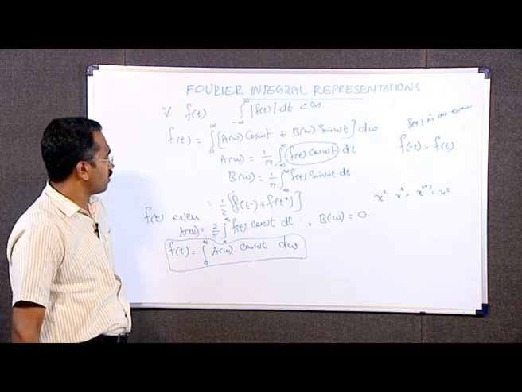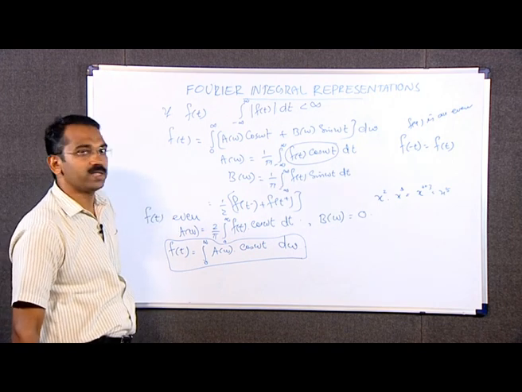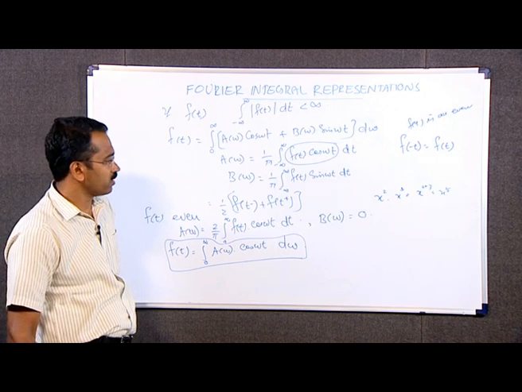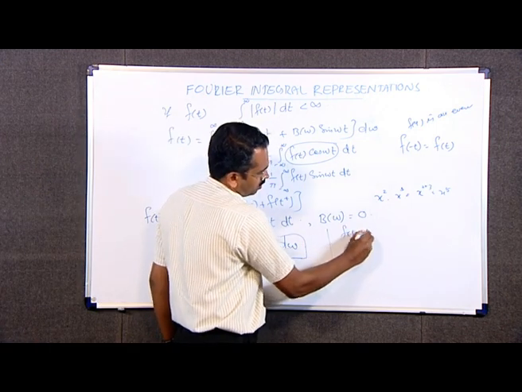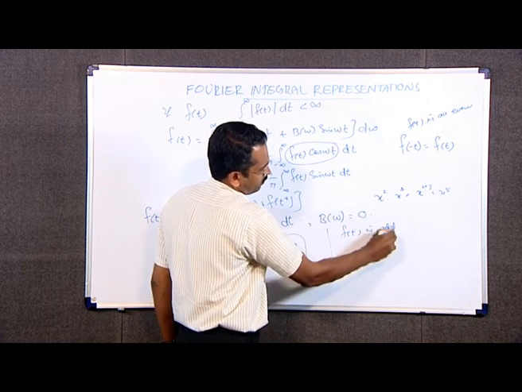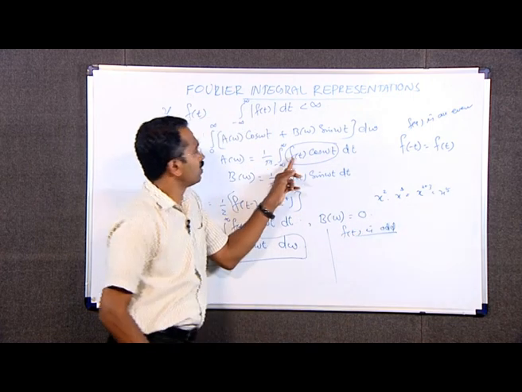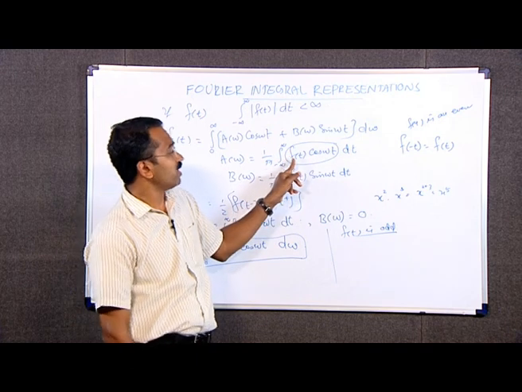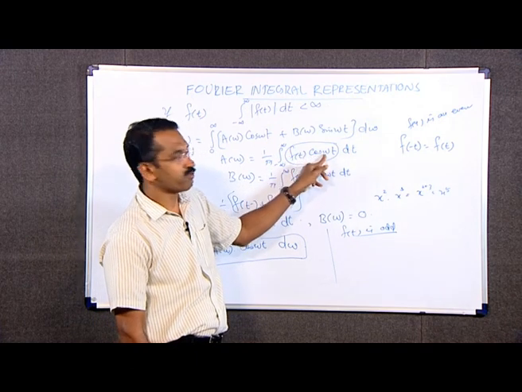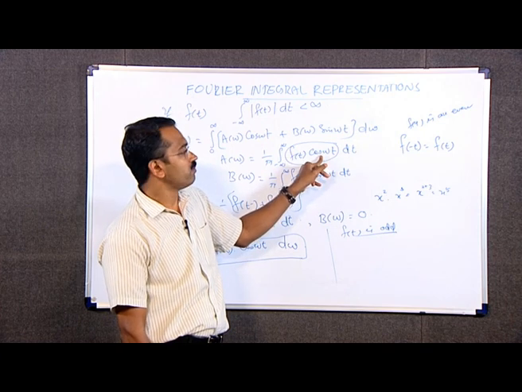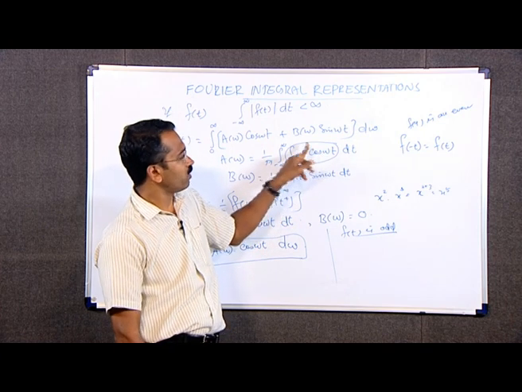Now, consider f of t as an odd function, in which case the integrand for a omega will be an odd function into an even function, which will become odd.